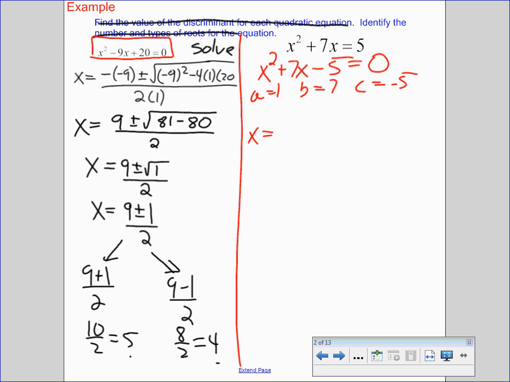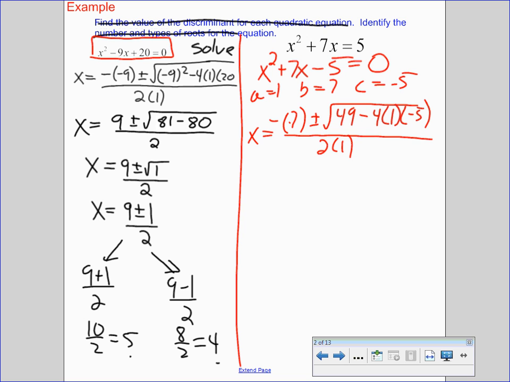So x equals negative b plus or minus the square root of b squared minus 4 times a times c, all over 2 times a. It'll give me negative 7 plus or minus the square root of 49 plus 20, because a negative and a negative is a positive.